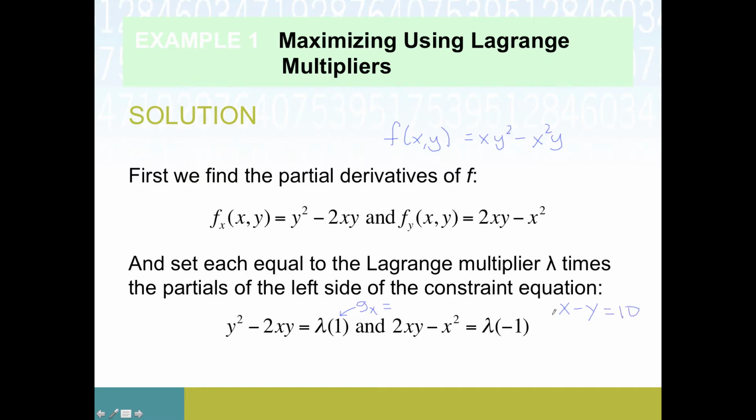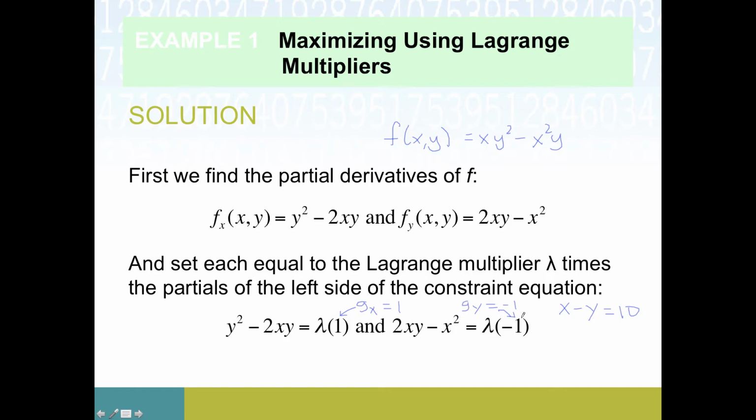So the derivative of this with respect to x is just 1. The derivative of that same left side, just the variable components, g sub y, would be negative 1. So there's our other half. And we're setting this equation up so that these two things could be equal to one another.